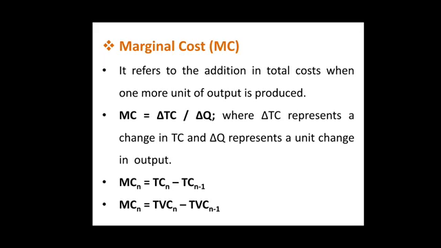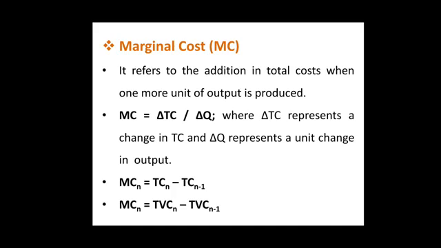Now coming to another important concept of costs, which is marginal cost. Students, marginal cost refers to the addition in total cost when one more unit of output is produced. It means it is the change in total cost when an additional unit of output is produced.